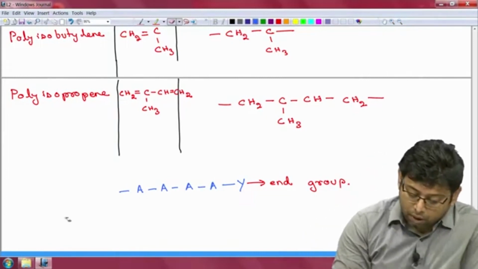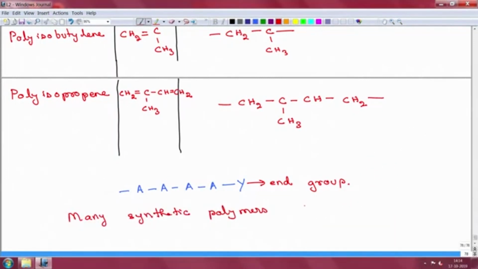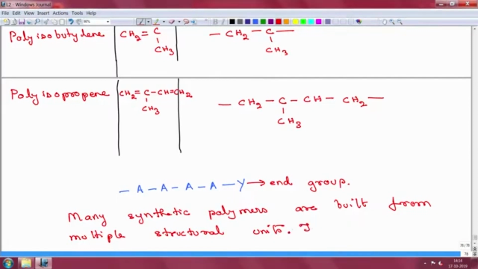So, many synthetic polymers are built from multiple structural units. These are known as copolymers.